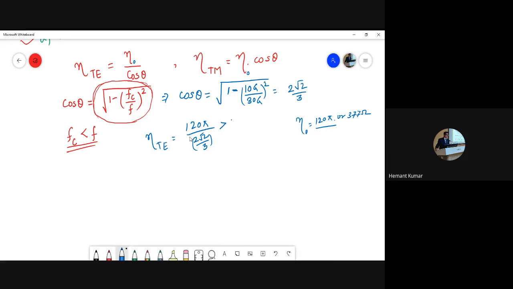It will always be greater than 120 pi, because cos theta is always less than or equal to 1. So this will be approximately equal to 400 ohm. So this is the eta.